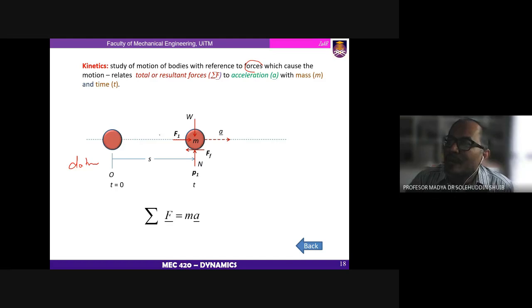You move to your right, from 0 to p1, position 1, with a distance of s. And this particle, you can see, I draw here along the line.